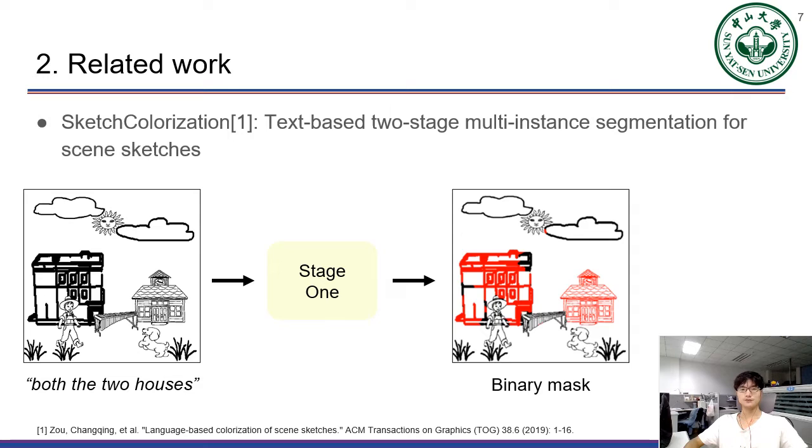Sketch colorization proposes a text-based two-stage framework for multi-instance segmentation of scene sketches. The pipeline includes two stages. In stage 1, segment out the region of the input image corresponding to the input text as a binary mask.